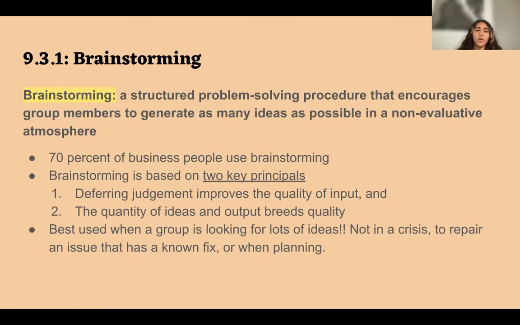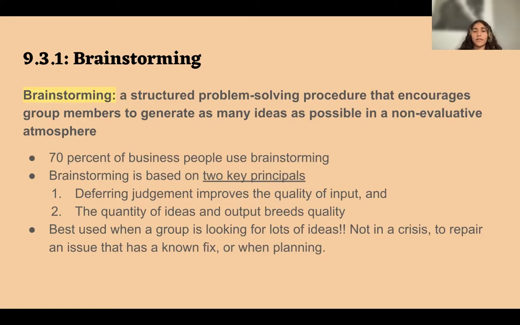So the idea that quantity breeds quality comes from the thought that the first ideas we come up with are usually the most obvious, and that truly creative ideas emerge only after we've gotten the obvious suggestions out of the way. Brainstorming can be chaotic and messy, but it is most effective when a group is looking for lots of ideas.